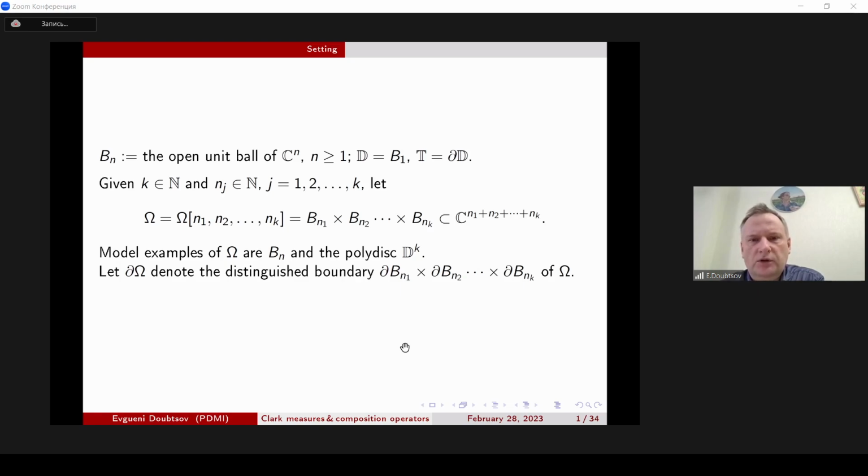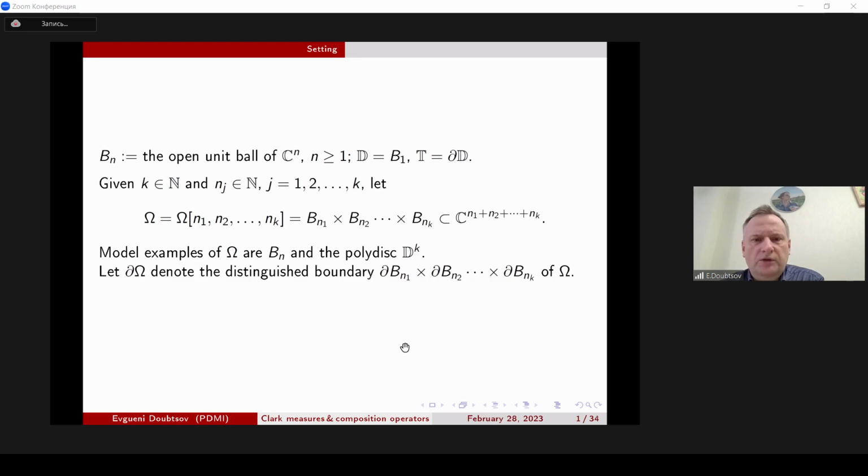As usual, D is the unit disk and T is the unit circle. I'll consider a somewhat more general case than just the unit ball. So I consider a domain omega. This is a product of k copies of, in general, different balls in different dimensions. So Bn1 times Bn2 dots times Bnk.